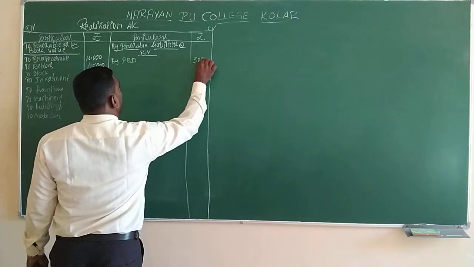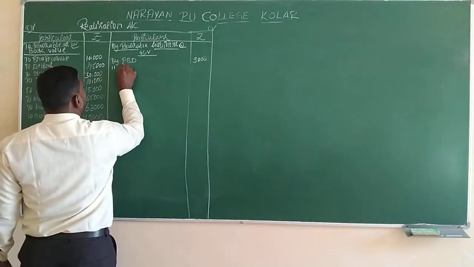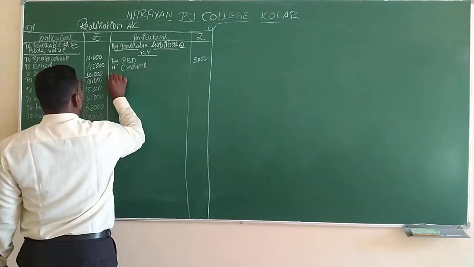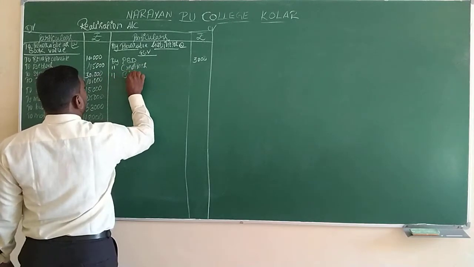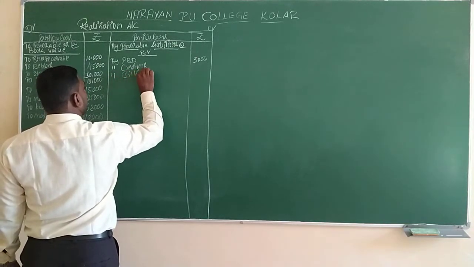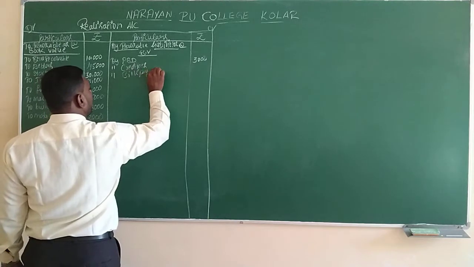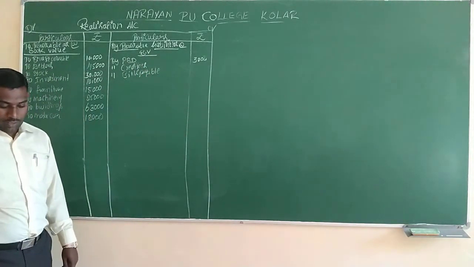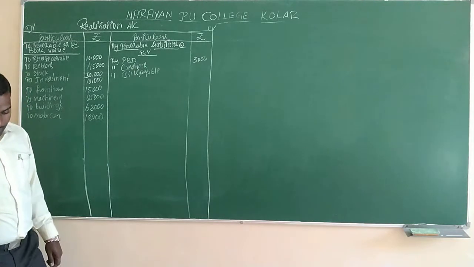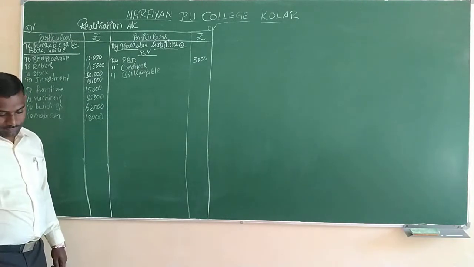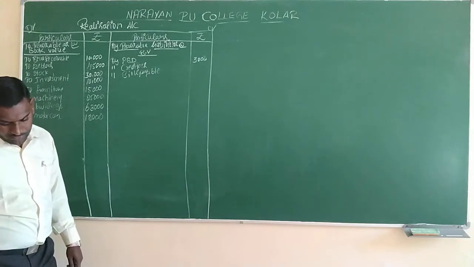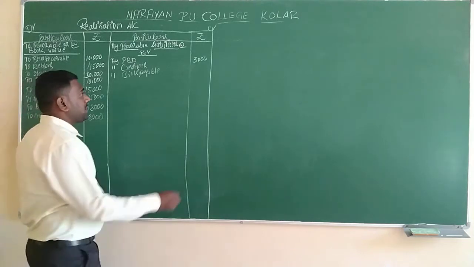After that, by creditors, by bills payable. The value of creditors is 50,000 and bills payable is 10,000.